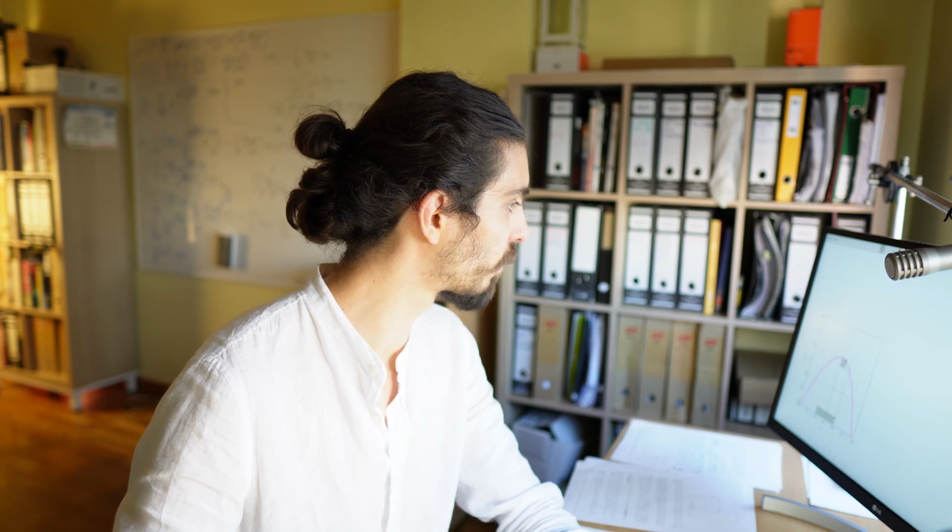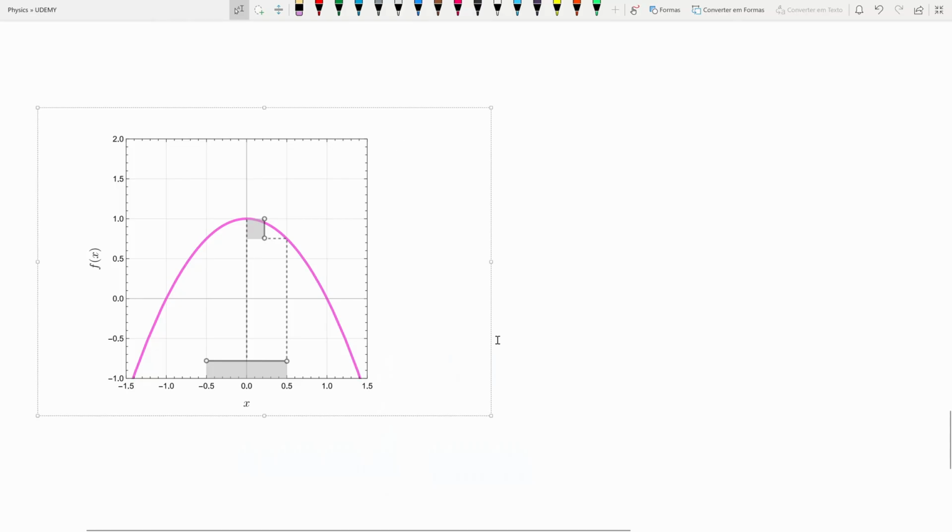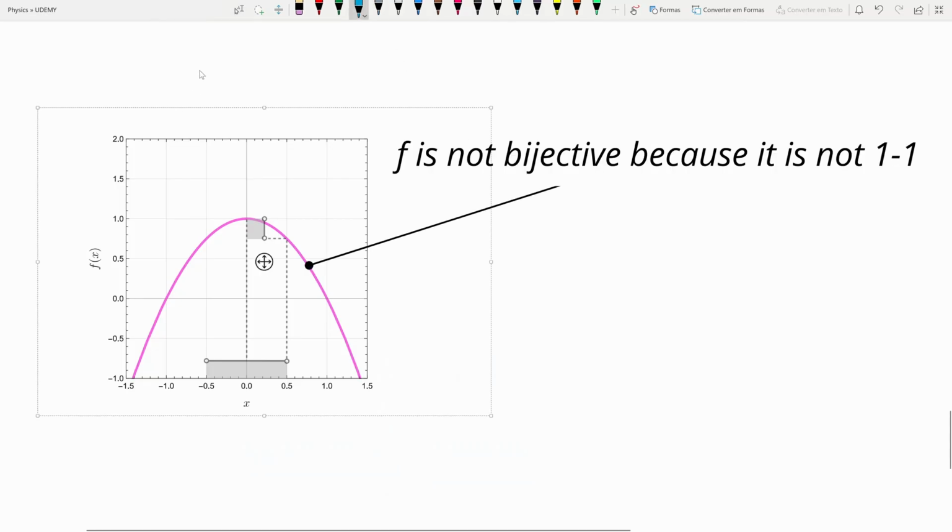As a final example, let's consider now a function which is not a bijective function, just like our mountain function that we saw previously. So we now are going to choose this function here, the pink one, which we recall as f of x equals 1 minus x squared, which is not bijective.